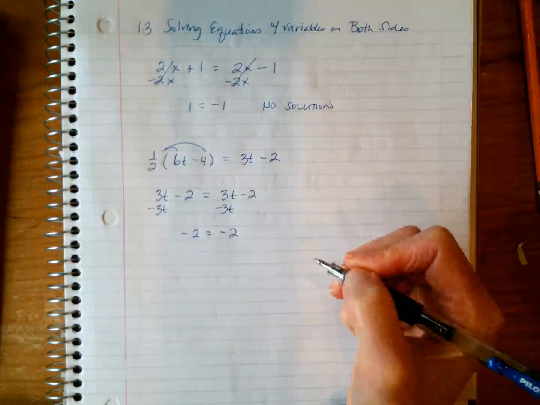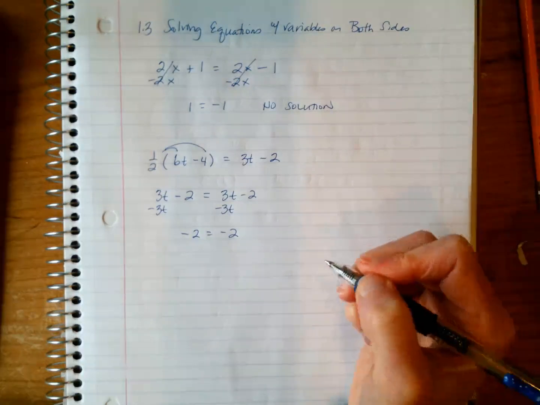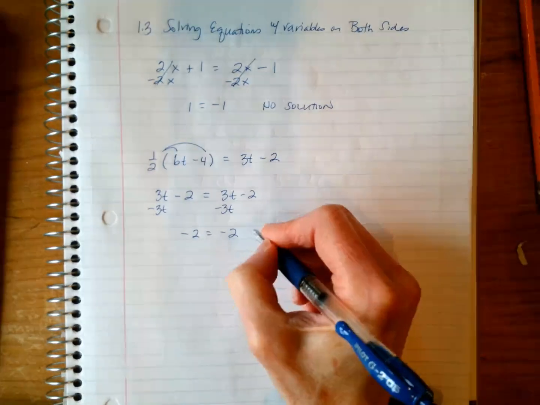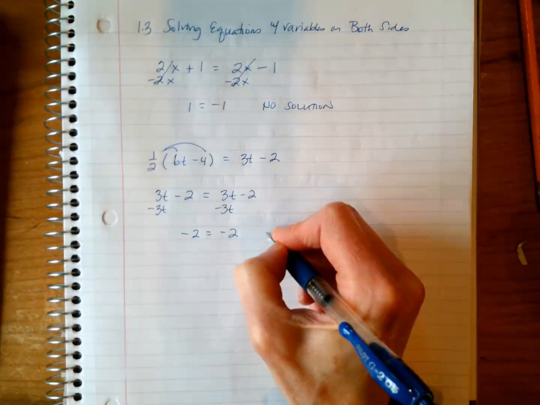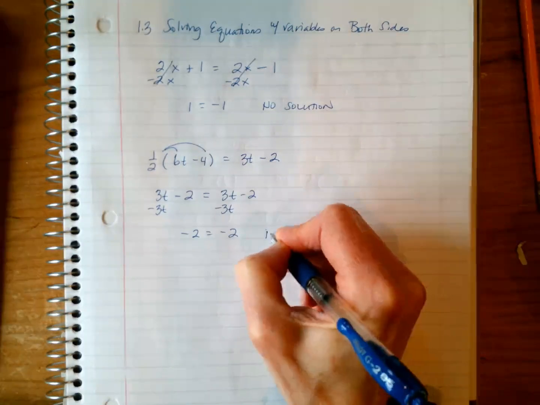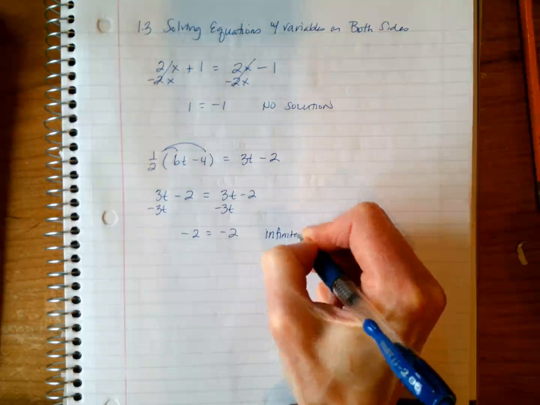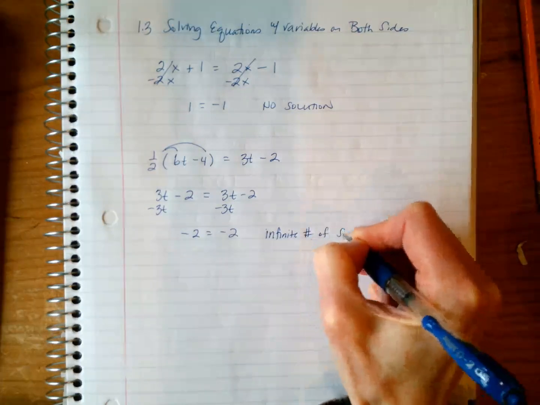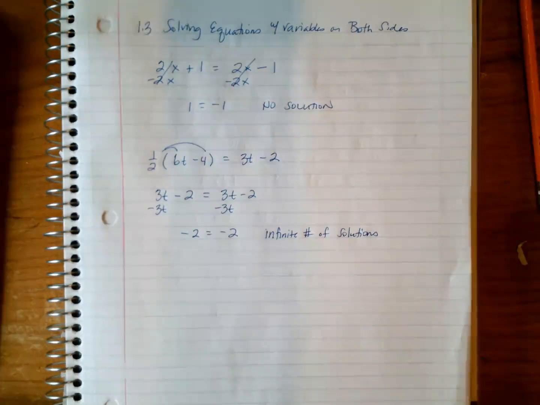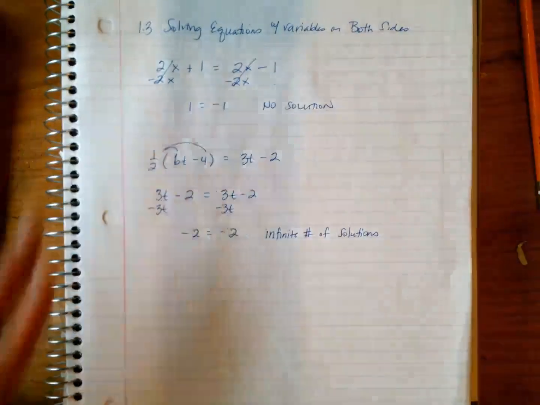This is an example of a statement that will always be true. 1 equals 1, 10 equals 10, negative 100 equals negative 100. When you're left with a statement that will always be true, this is going to result in an infinite number of solutions. So those are the two types of equations that we haven't seen prior to today, but still require you to think about distributive property and combining like terms. So these are the two new ones you'll want to keep in mind.